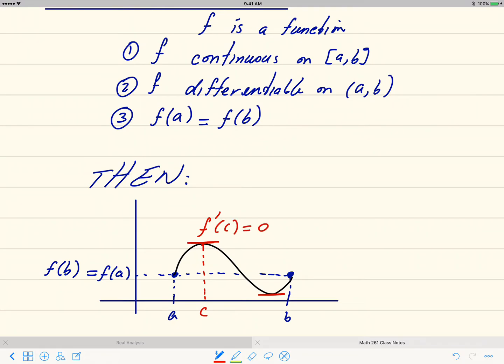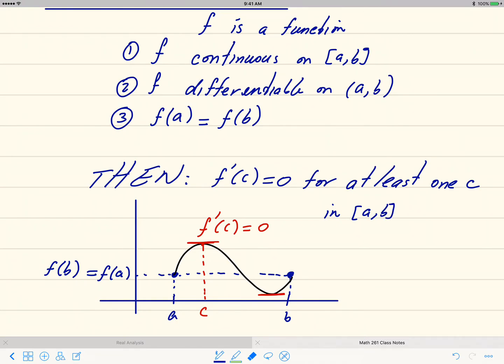So the function definitely has a horizontal tangent somewhere. That's what the theorem is saying. So f'(c) = 0 for at least one c in the open interval (a, b).